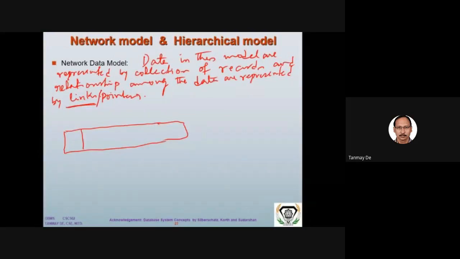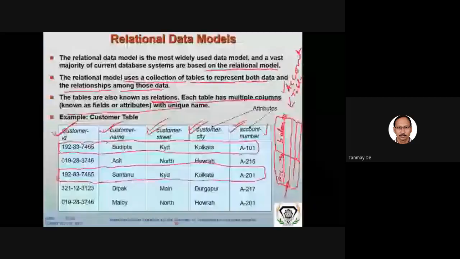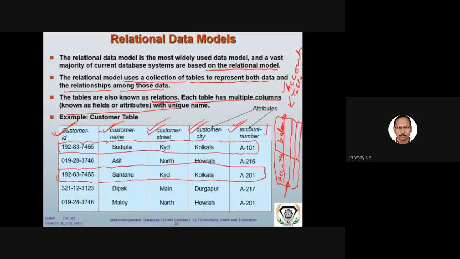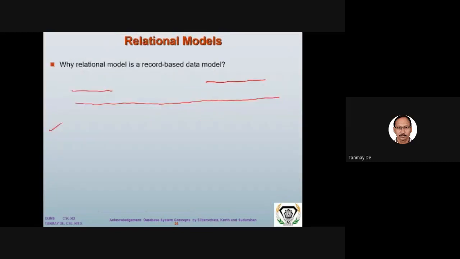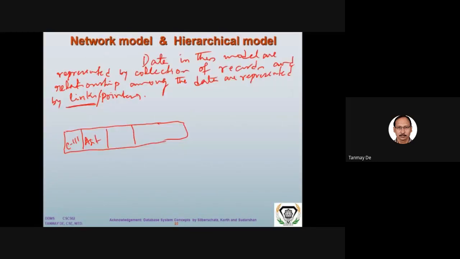Customer ID is C111, customer name is Osit, customer street is Howrah, customer city is North City, and there is an account number.